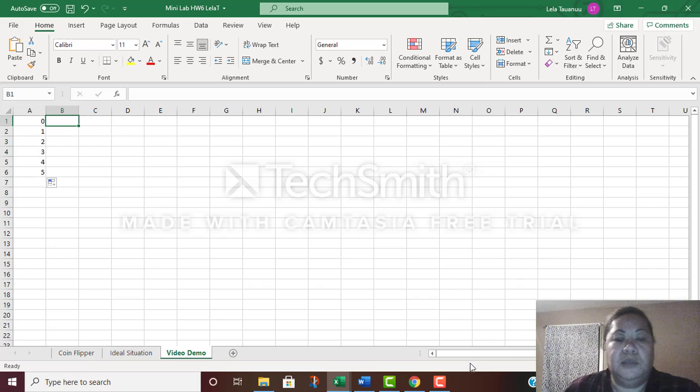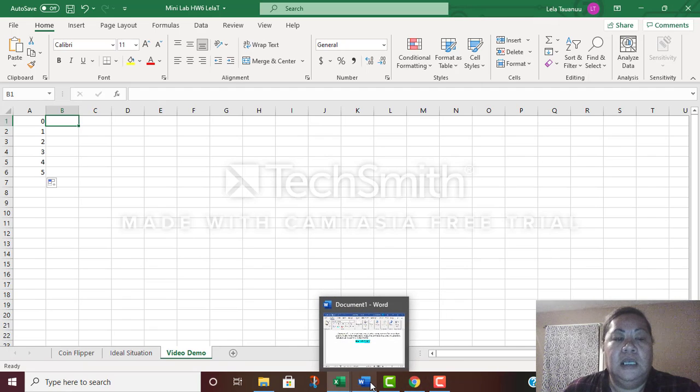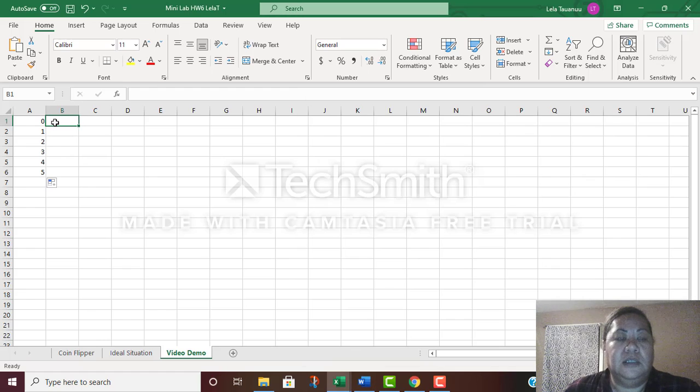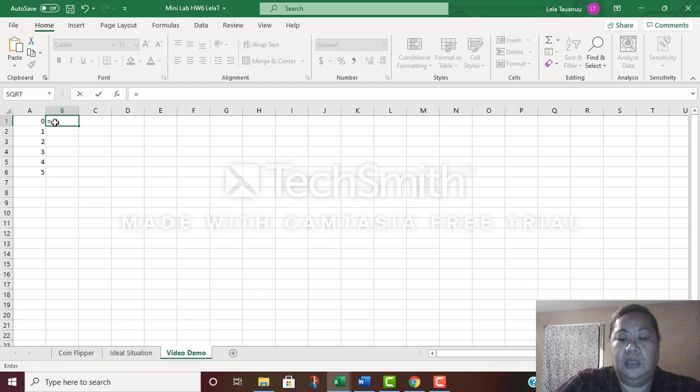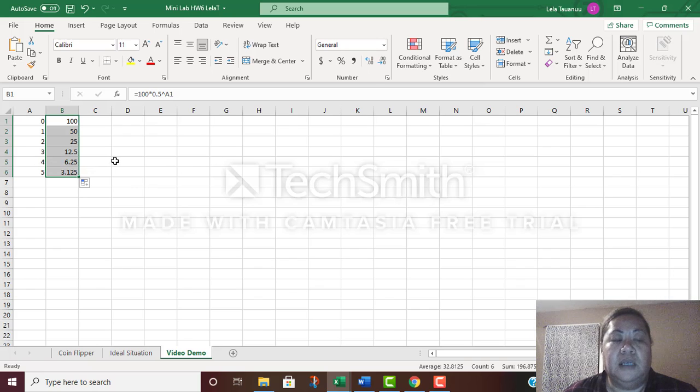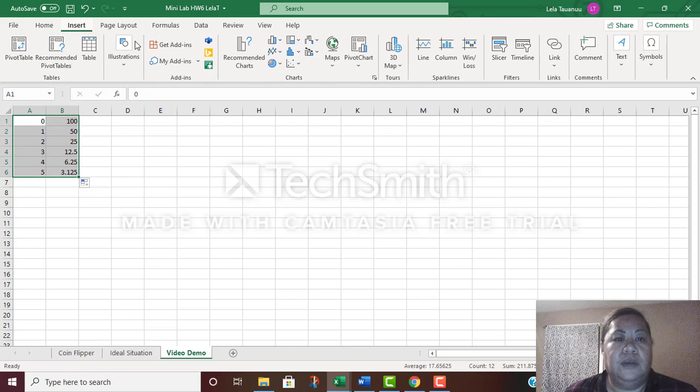And then my exponential formula that I want to plug in here would be H equals 100 times 50% to the F value, equals 100 times 0.50 for 50%, the exponential key, A1. So our starting value is 100 coins, and then we will take that down 5 rounds, and it gives us about an even amount of heads. So we will highlight everything, and we will make a scatter graph.